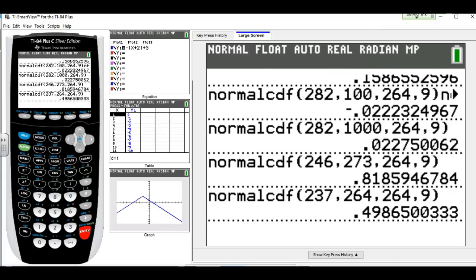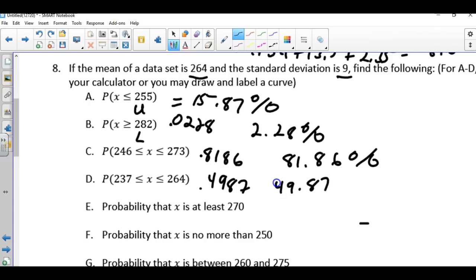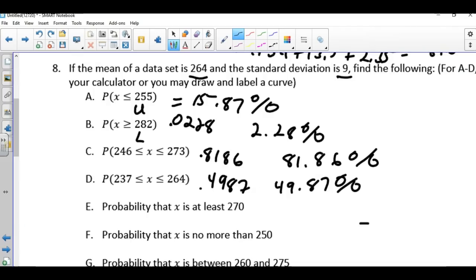Again, 0.4987, or 49.87%. Wait, did I do that right? Yep, 0.4987.